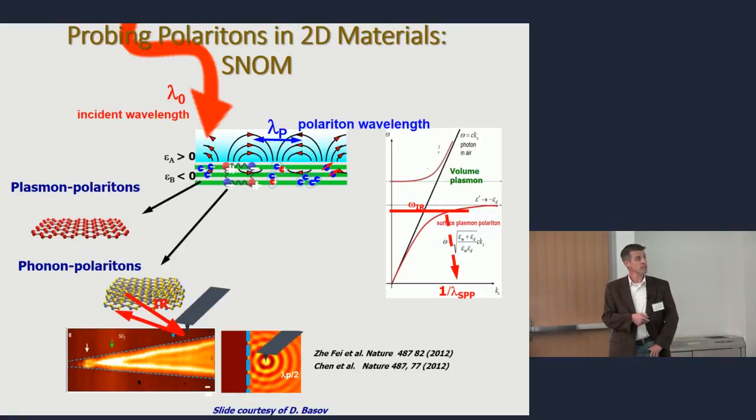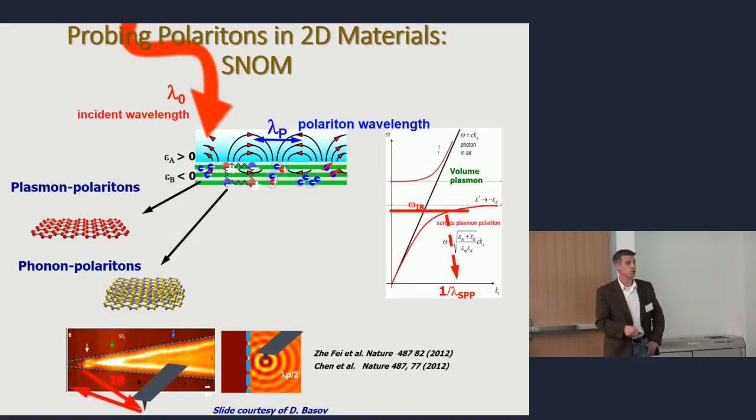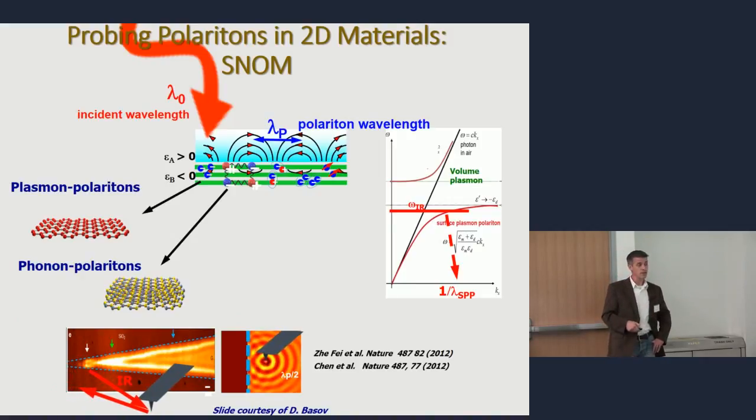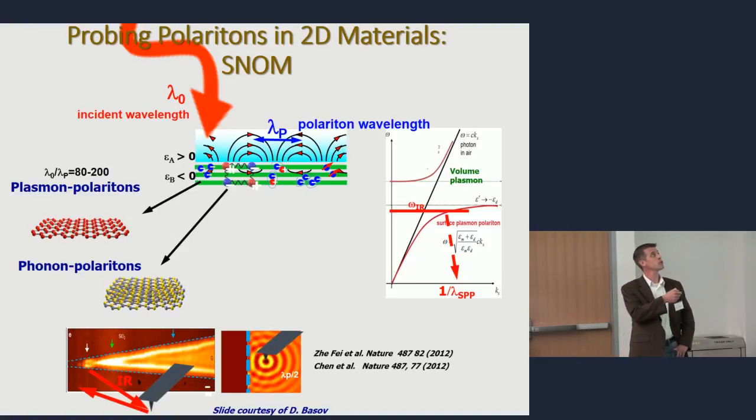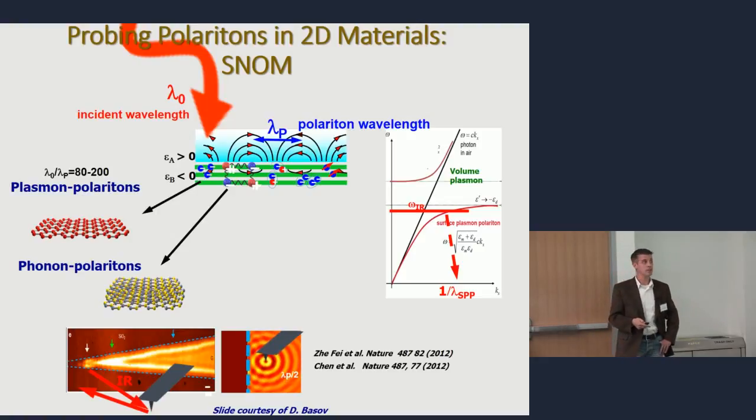And basically, what they did, you then scan this AFM tip over the surface with a constant infrared light source, scattering the light off, and you can get an interference pattern. And you find polariton wavelengths that can be 80 to 200 times smaller than the free space wavelength, right?